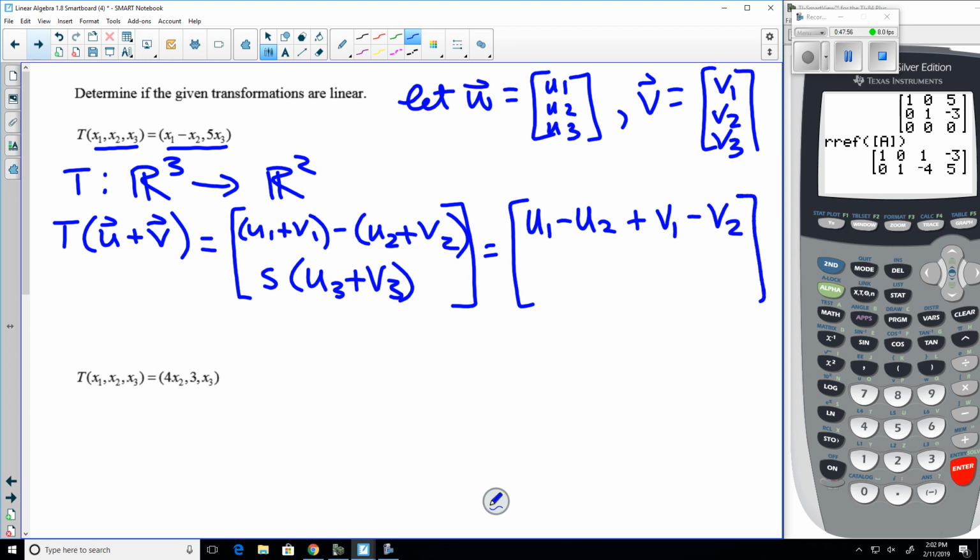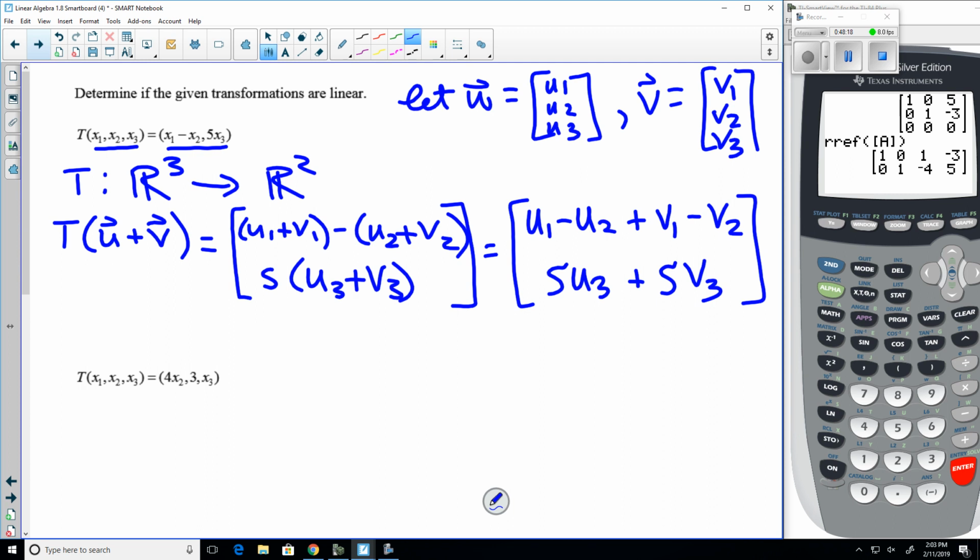Is that the same thing? I just kind of rearranged it, right? And this is 5u3 plus 5v3, right? Is that the same thing?